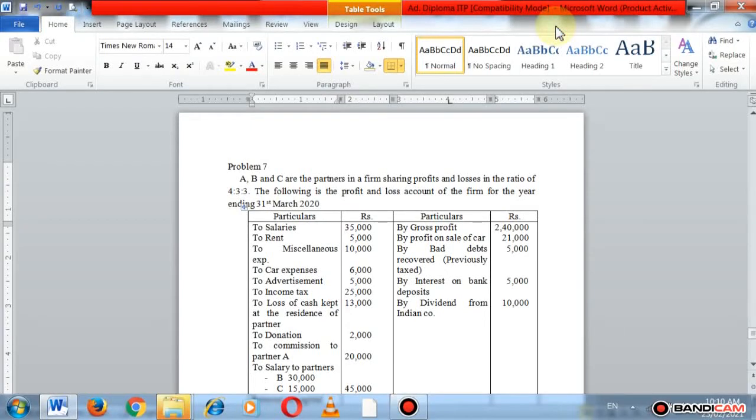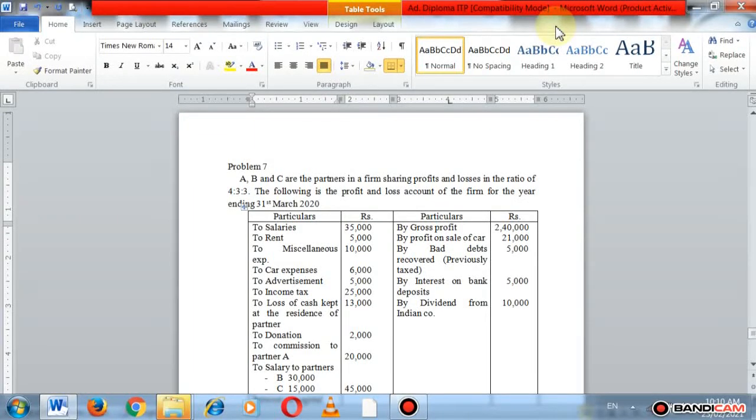So here, problem number 7: A, B and C are the partners in a firm sharing profits and losses in the ratio of 4 to 3 to 3. The following is the profit and loss account of the firm for the year ending 31st March 2020.